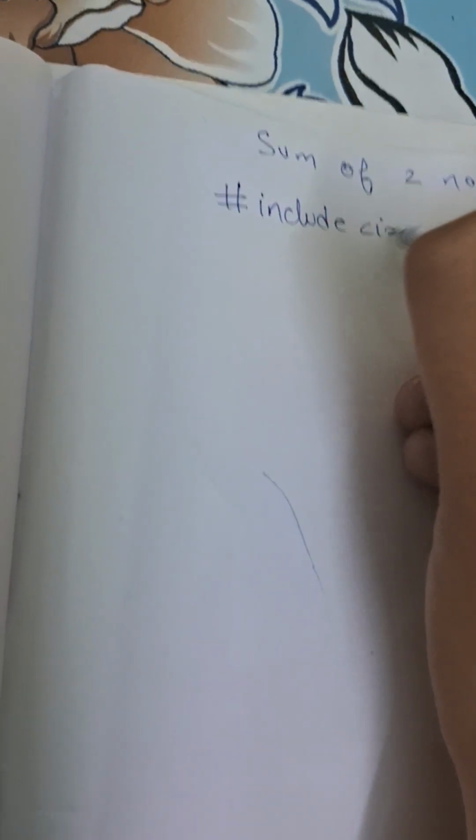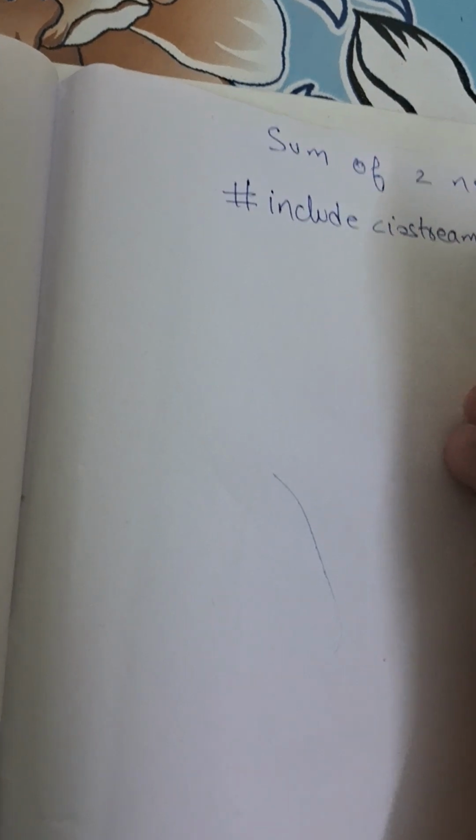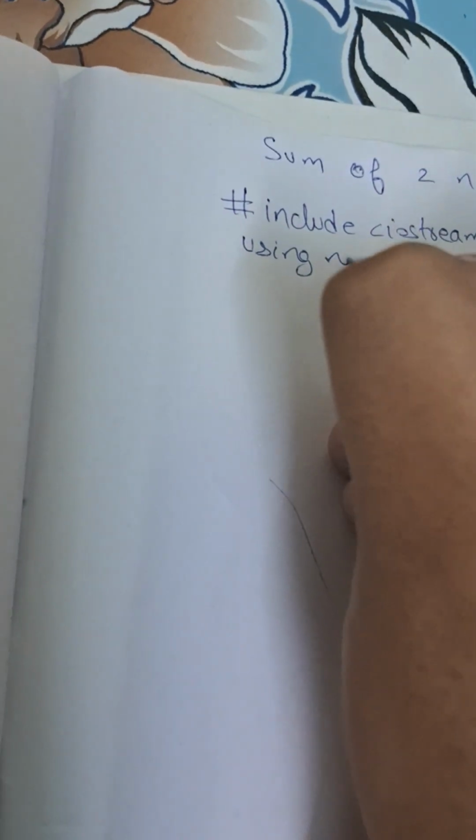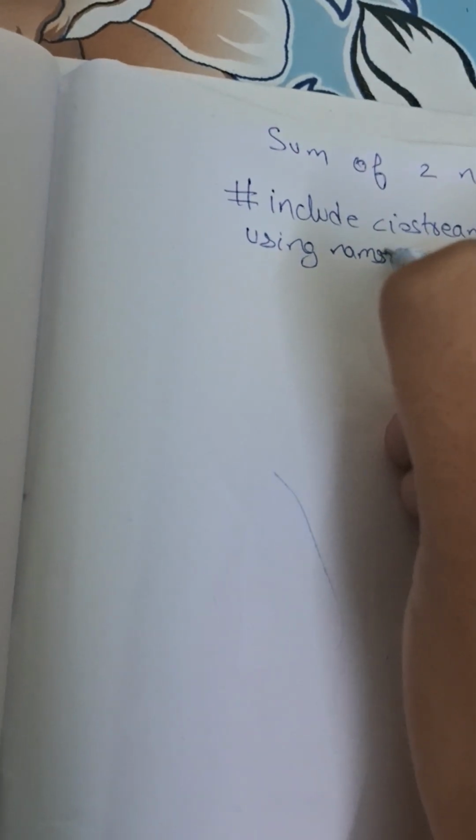First we write our first line, that is include iostream, then using namespace. Why do we use it?